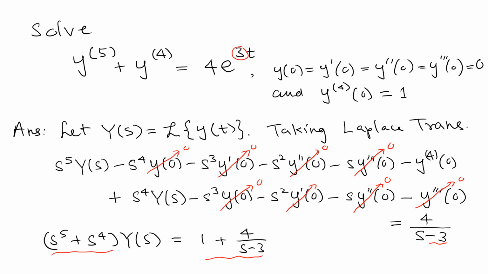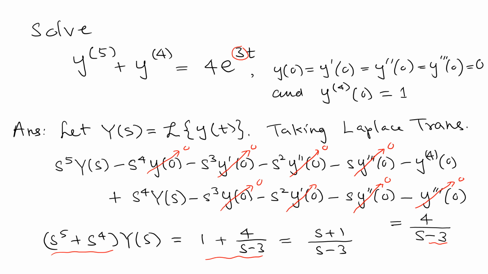So we take the common denominator: s minus 3 plus 4, which means the numerator is s plus 1, divided by s minus 3.